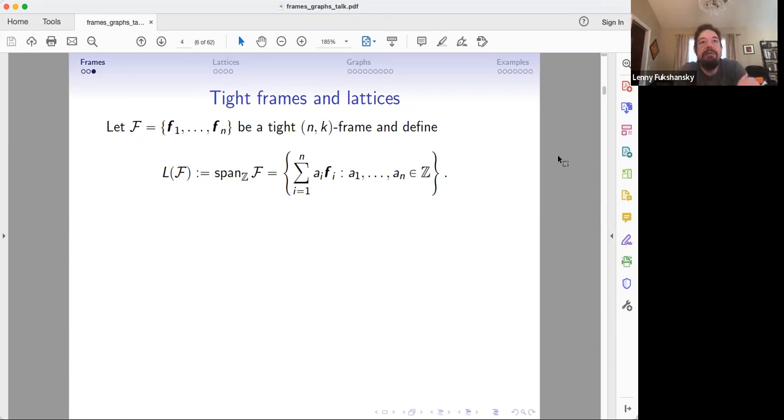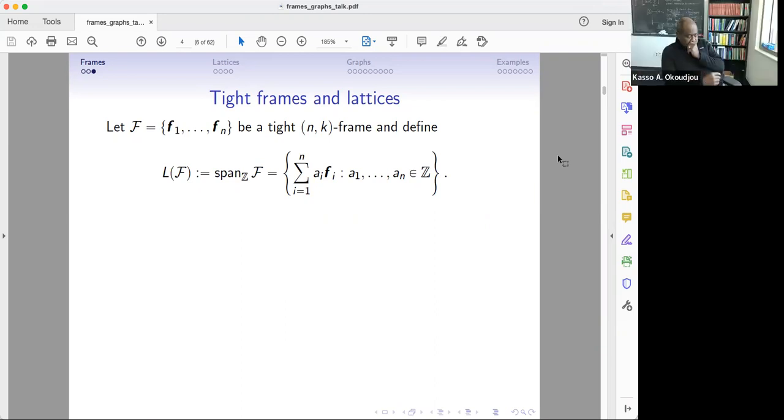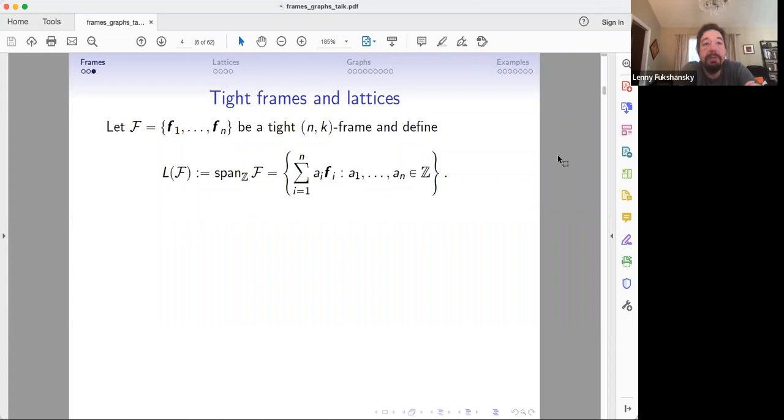In other words, given a frame F, an (n,k) frame, meaning n vectors in k-dimensional space, let me write L(F) for the span of F over the integers, the set of all linear combinations with integer coefficients. The question I want to ask is, when is this a lattice, meaning a discrete subgroup of R^k? Well, clearly it's a subgroup under addition. The question is, is it discrete?